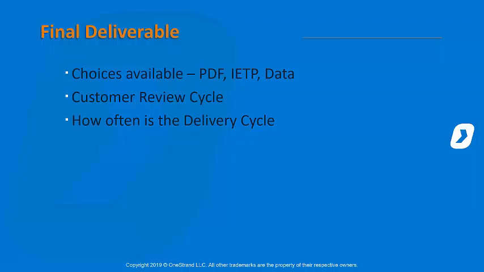Being able to get an update once a week, if you can get that through the review cycle, both internal and customer external review, that quickly, then yes, you can do a weekly update. And you need to have the tools that allow you to produce that quickly.